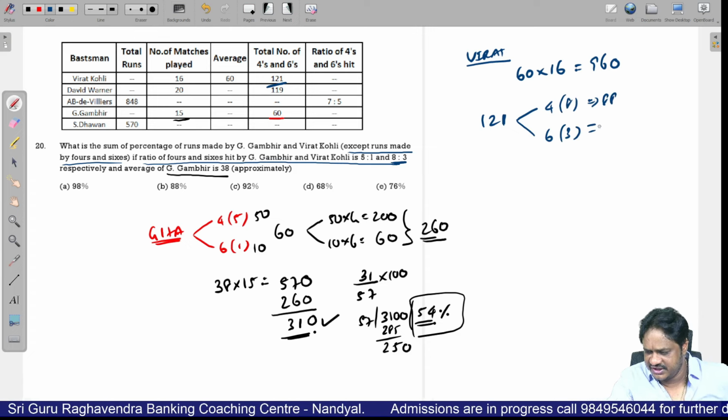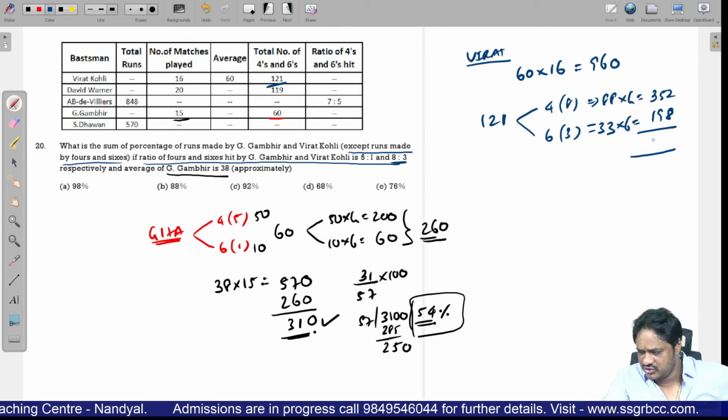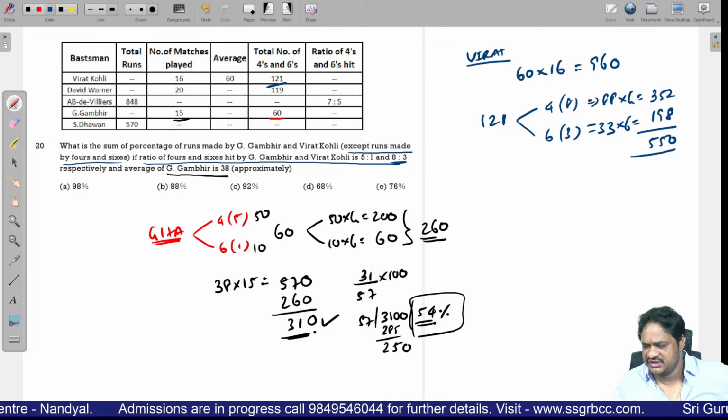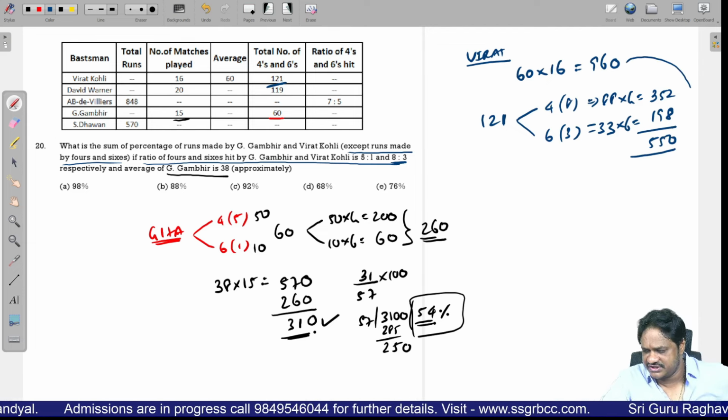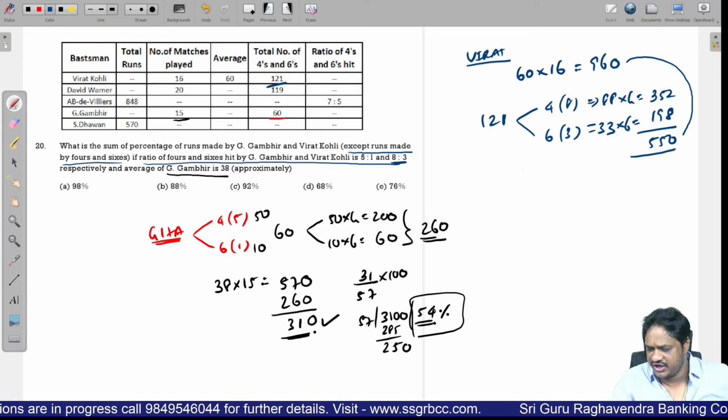So it is 88 and 33. 88 into 4 is 352. 33 into 6, 198. Total 550 runs. So out of 960, 550 are from boundaries. Other than boundaries, it is 410.